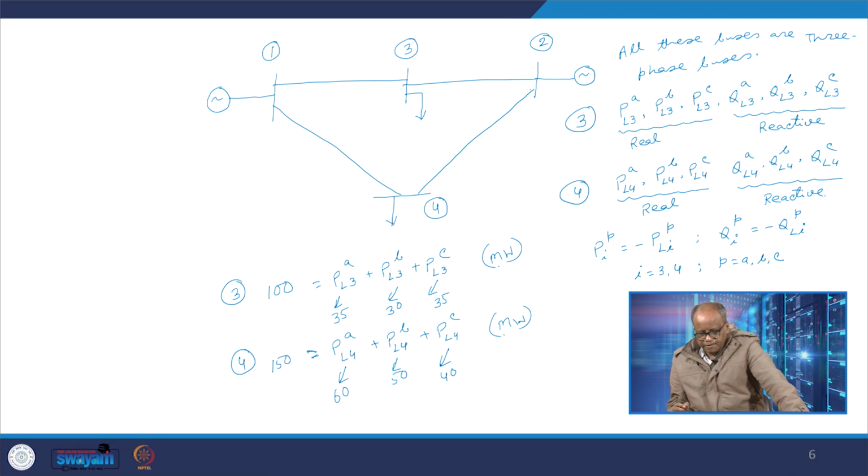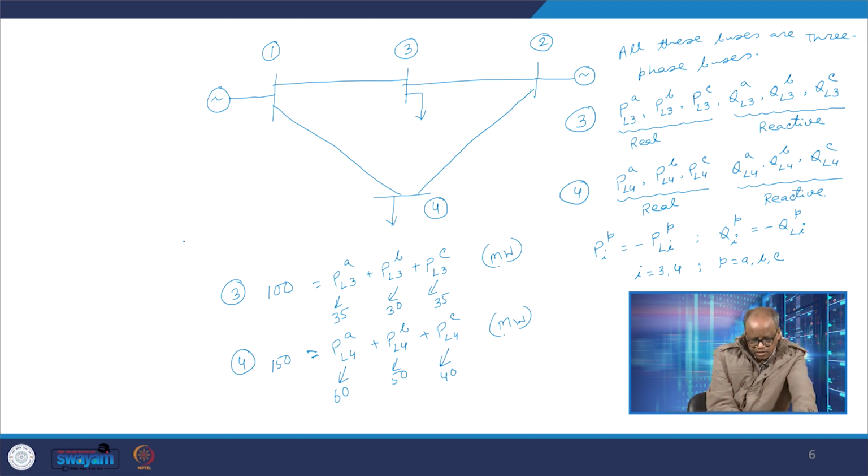Similarly, of course, the reactive power will also be there. But for the generator, we generally do not specify the reactive power, we only specify the real power. So suppose the total generation from bus 2, that is generator 2, PG2, is for example 170 megawatt.